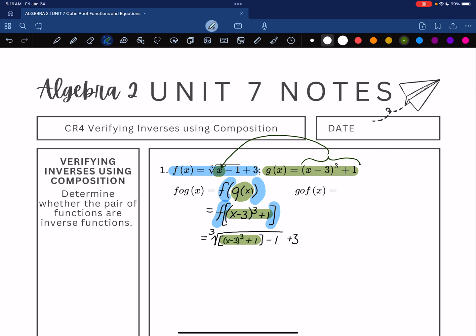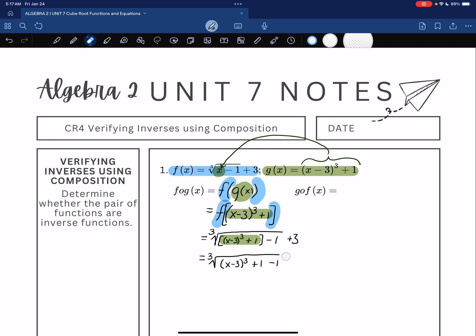So now let's start to simplify this, which I know you guys are masters at. We've been doing this a lot. So I'm looking inside that group. What can I do inside of that group? I'm noticing actually here that I've got this quantity cubed, and then I'm adding 1 and subtracting 1.